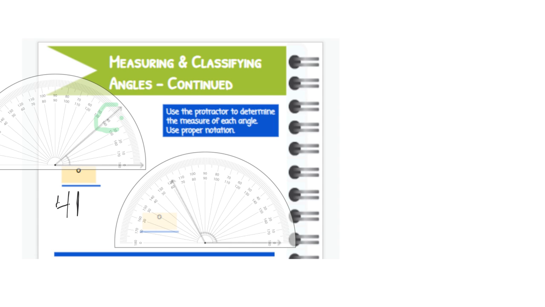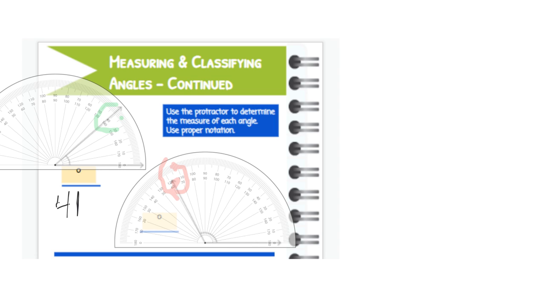Oops, wrong one. Okay, so here's where my angle is, right there. I'm going to be using the bigger number, so it's got to be in between 120 and 110. It looks like we're at about 118 degrees.